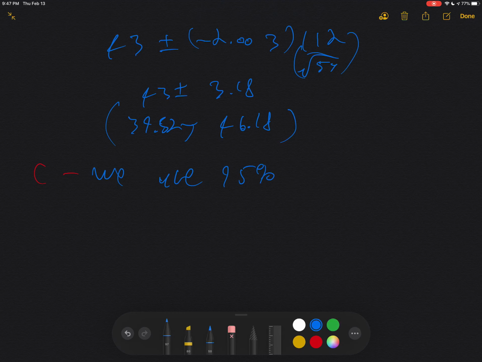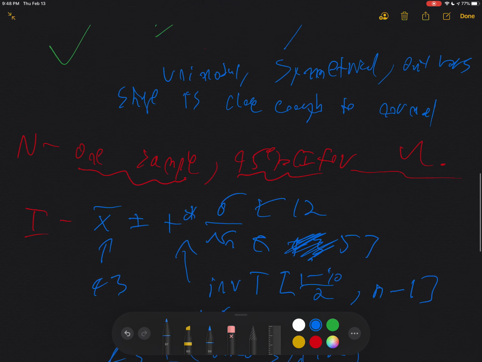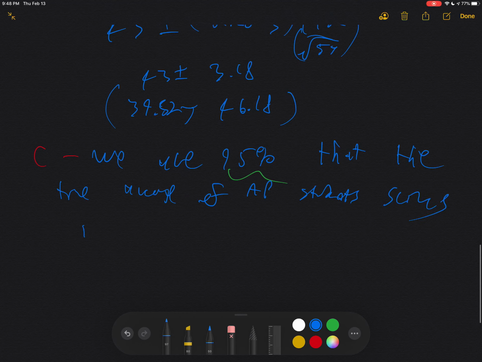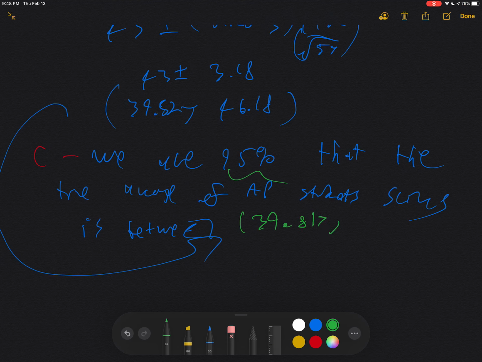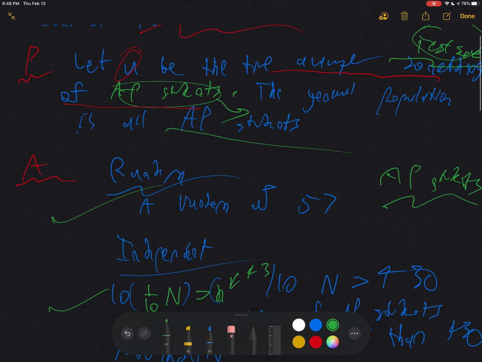So in this case, 95% confident that the true average of, and then you say whatever your sample is, so it's AP students for us, and then you say what you're measuring, so it's scores, and then you say is between, and you look at the confidence interval you calculated, and for us it's between 39.817 and 46.18.